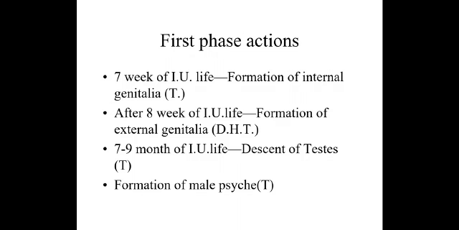After the 8th week, formation of external genitalia by dihydrotestosterone. Descent of the testes takes place during the 7th to 9th month of intrauterine life, mainly by testosterone. Male behavior, called the male psyche, is also developed, and you all know boys are boisterous in nature and very aggressive due to testosterone.